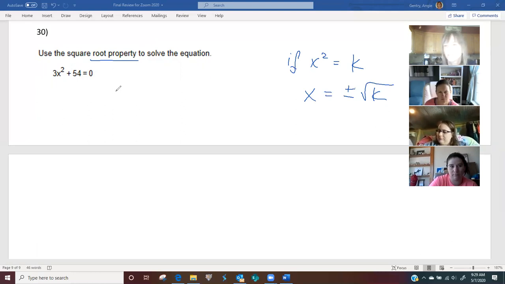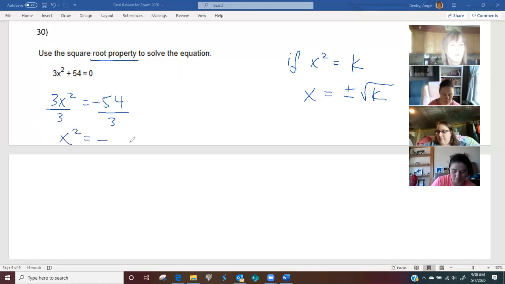You see it? Yes? Subtract 54, then divide by 3. And x squared equals negative 18.